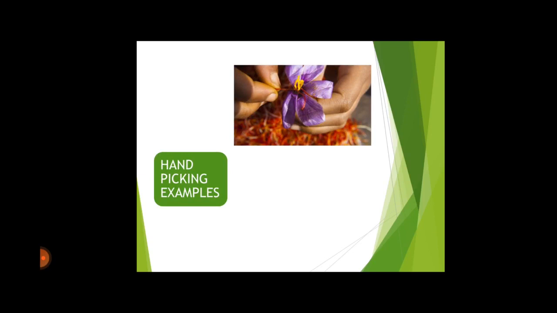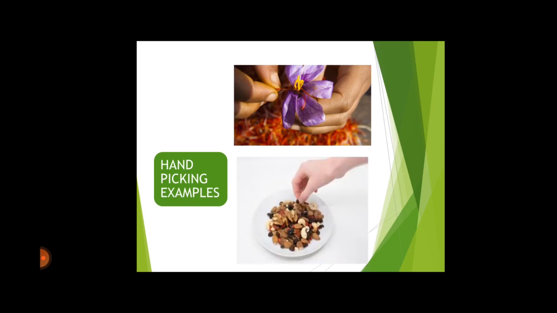The precious spice used in cooking comes from dried stamens, which is the upper part of the pistil. This is removed by hand picking. Another example is a mixture of nuts, which are separated by hand picking.